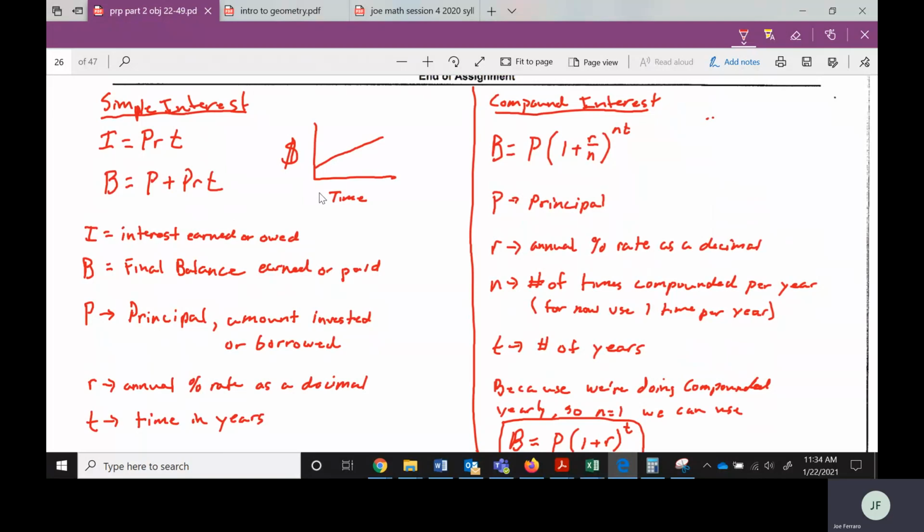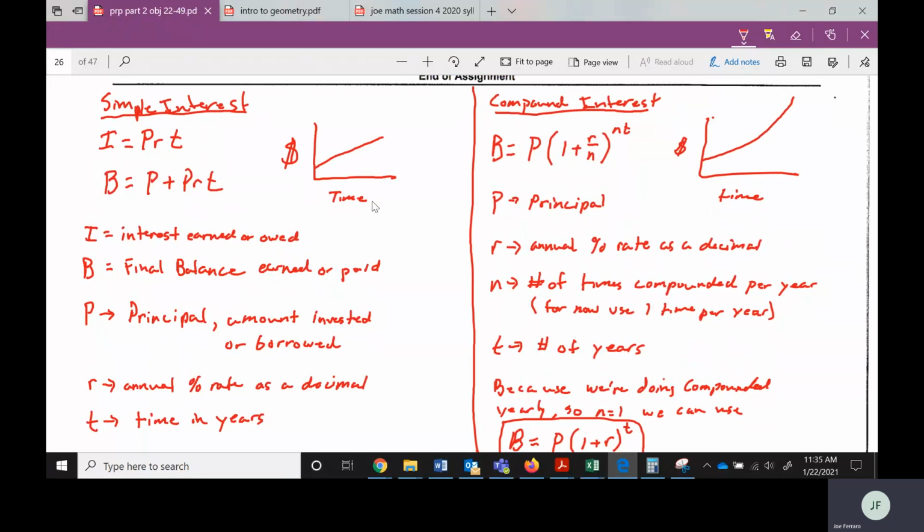Okay. What happens here when it's compounded interest, it's going to look like this. And over time, it just starts climbing more and more and more. So I'll talk about why that is in a second.